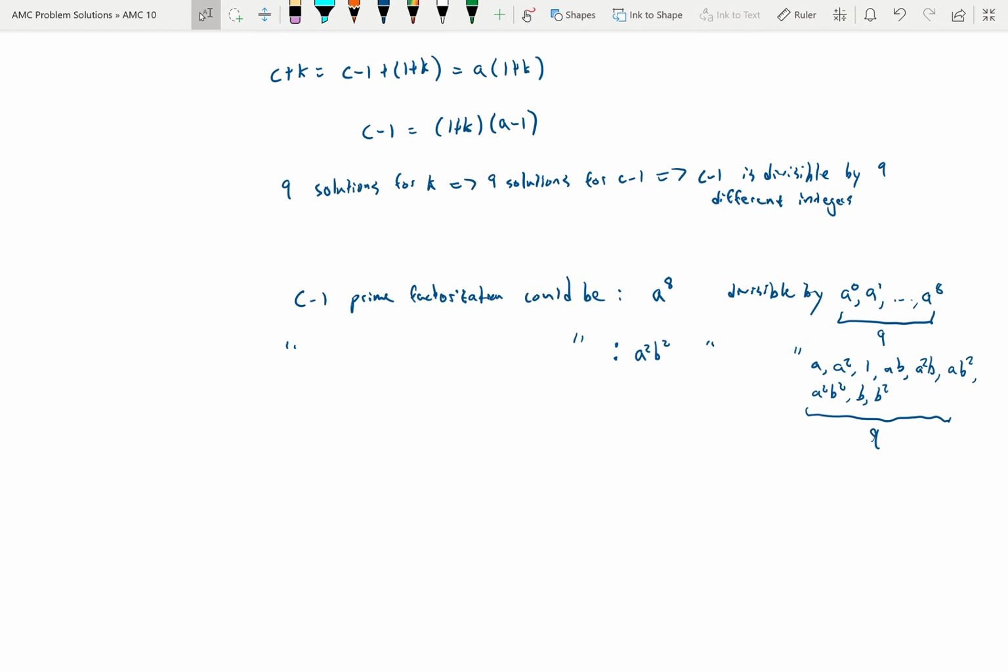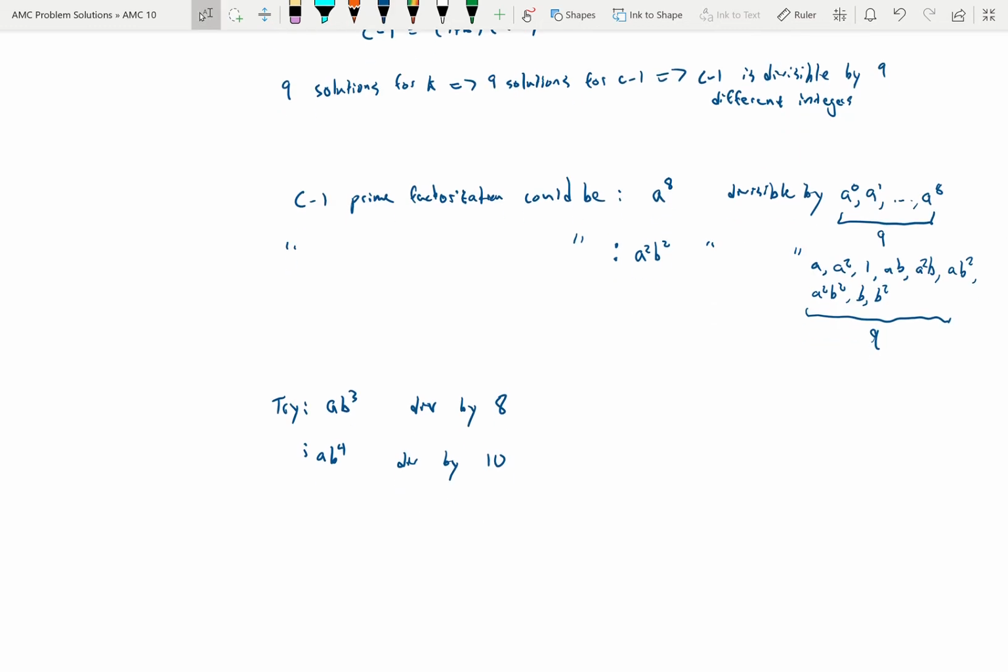But I'd imagine if you're trying to solve this problem, you would try others. Just know that you'd also try a b to the third. You'd find that that's divisible by 8 different factors. You might try a b to the fourth. That's divisible by 10 different factors.